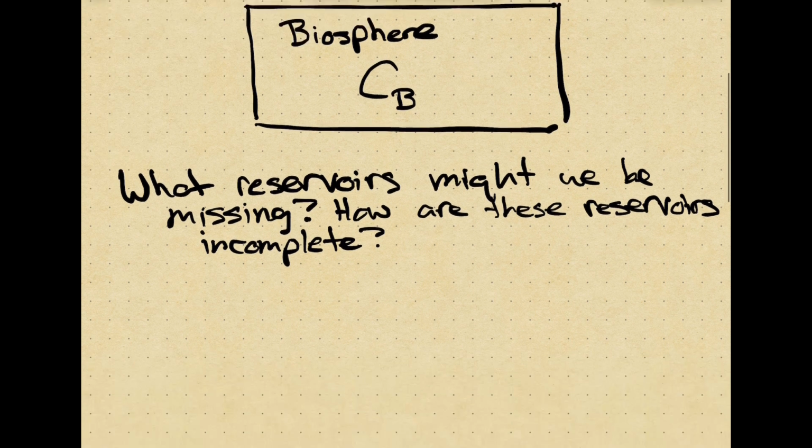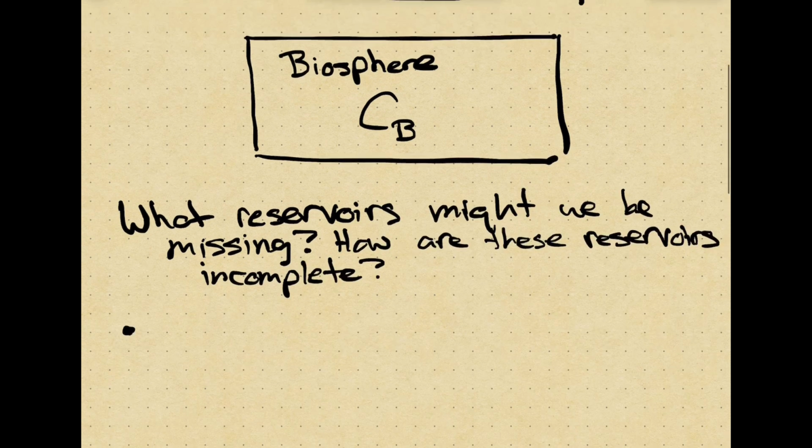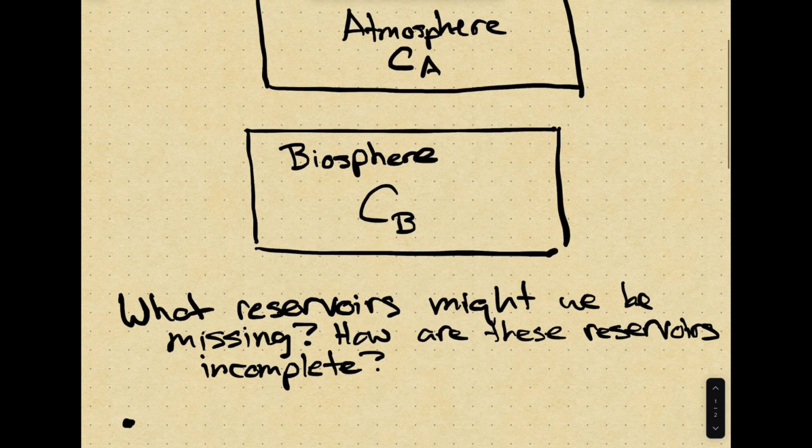Okay, all right, so let's make a list here. Who wants to volunteer? If this is my representation of the system, these are the reservoirs, these are the carbon stocks. We're not talking about fluxes yet. We'll get to the fluxes in just a second.